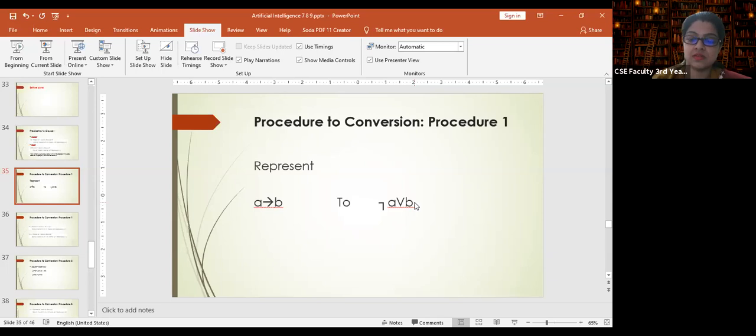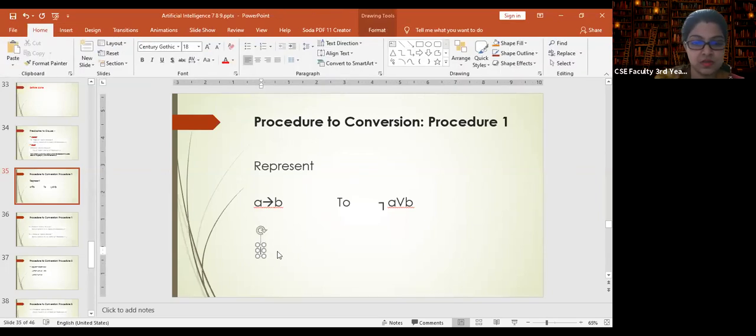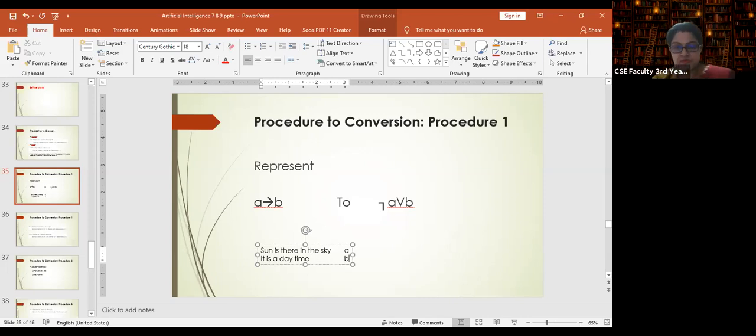Suppose I write this text: sun is there in the sky, this is basically A, and it is a daytime, this is B. So these are the two facts I am talking about.